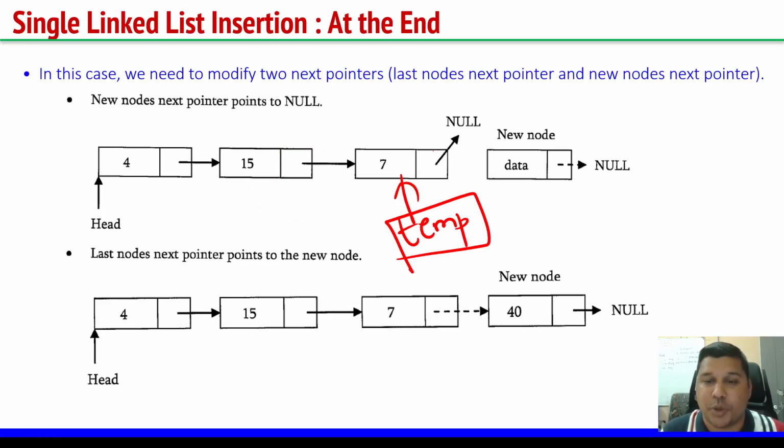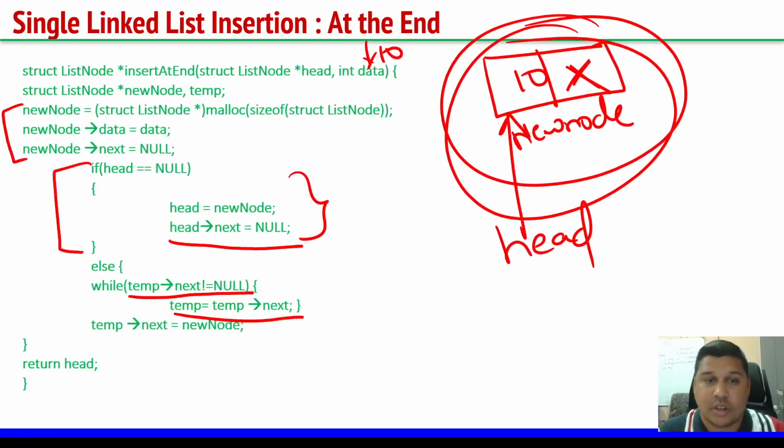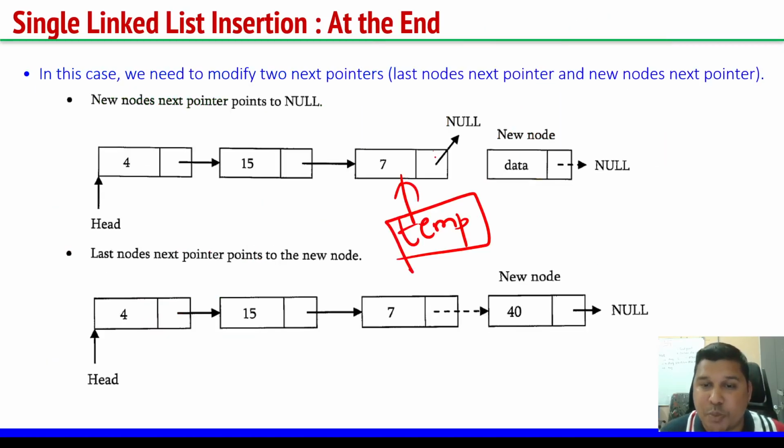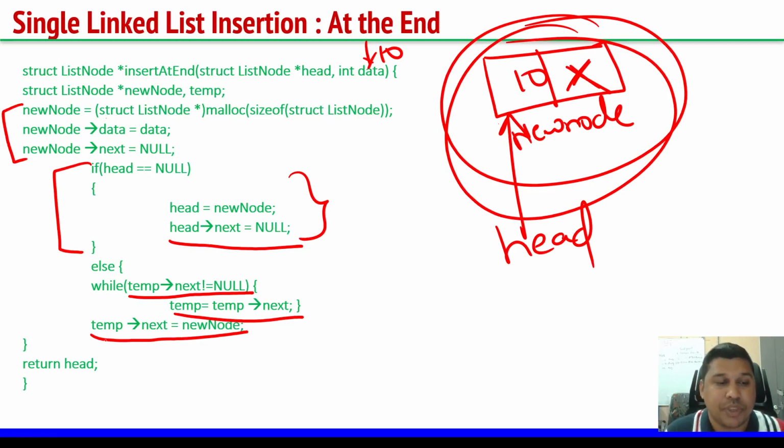Once you reach this position, the only command you have to do here is just temp next equal to new node. So what I am trying to do, this temp whose next is pointing to null, you attach it to new node. Just one step. Temp next equal to new node.